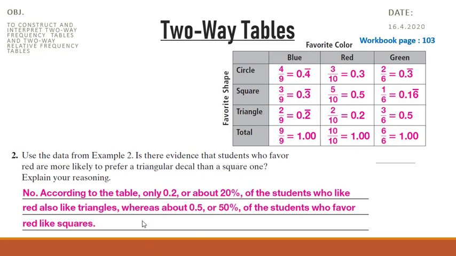So, is the answer yes or no? No, because 20% like red and also like triangles, and 50% like red and square. So it's less, not more.